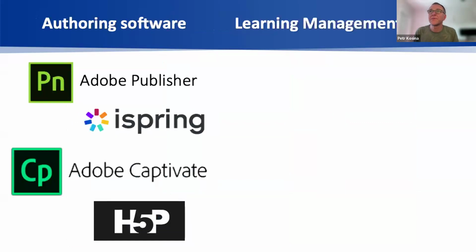In UC-IPM, we have used over those 13-14 years 4 different authoring softwares. Started with Adobe Publisher, later on used iSpring. Both these are based on PowerPoint slides, but because they were not necessarily meeting accessibility standards, in 2017 we did an evaluation of options on the market at the time, and we opted for Adobe Captivate, which had the best accessibility ratings at the time.